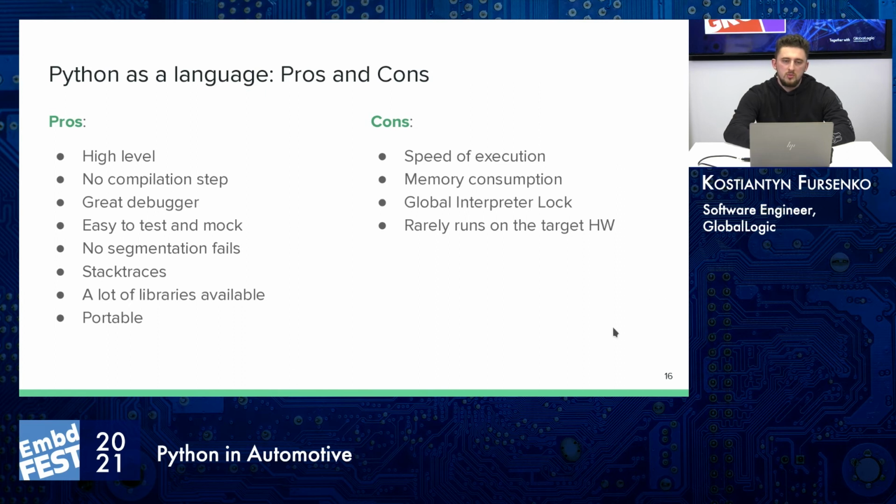So Python could be executed almost on every operating system. It's portable. But it has some disadvantages. One of them is speed of execution, since Python is an interpreted language. Memory consumption could be a con as well, and it has the global interpreter lock.